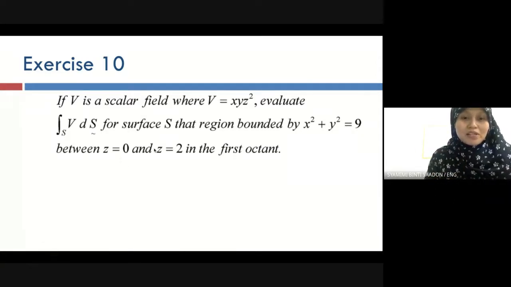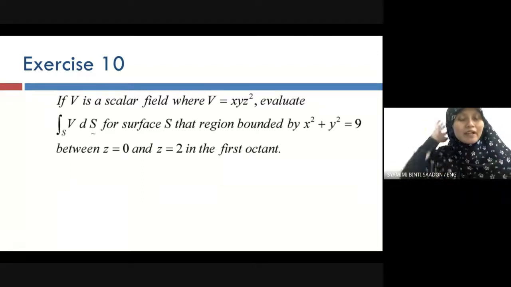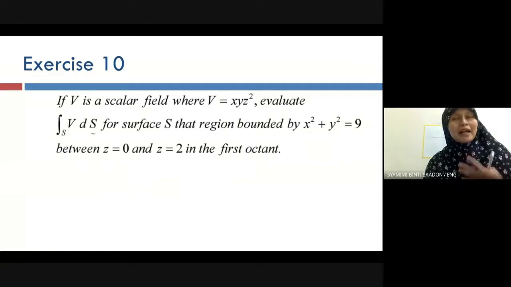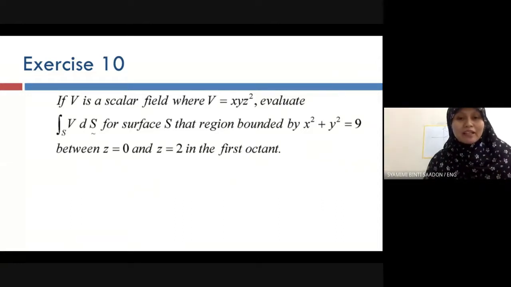So between z = 0 and z = 2 in the first octant. Just integrate like the example just now: combine the function, define the normal vector, do the dot product, multiply, and integrate like a normal integration.